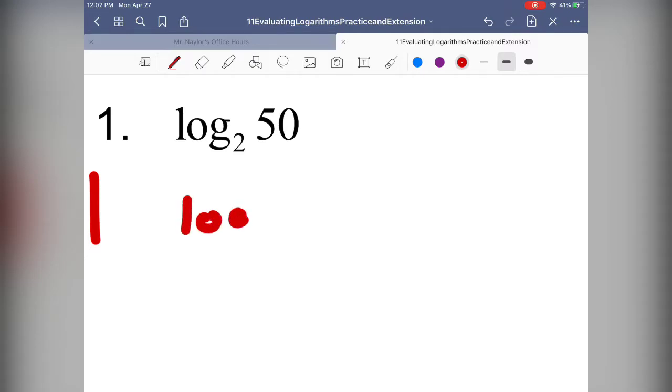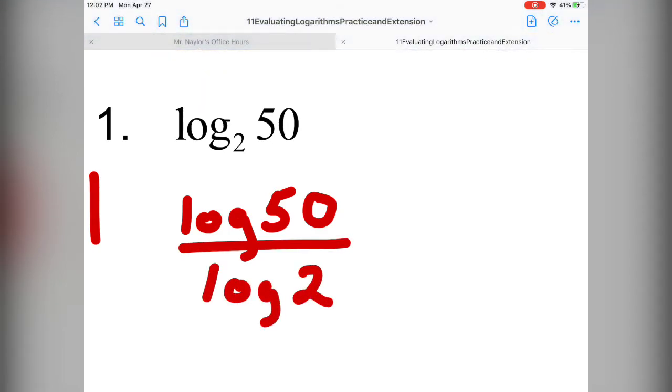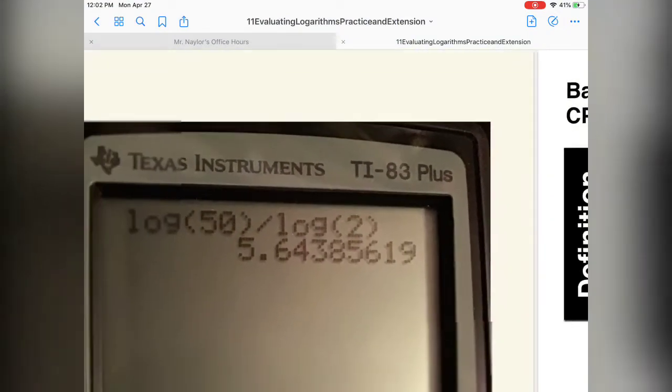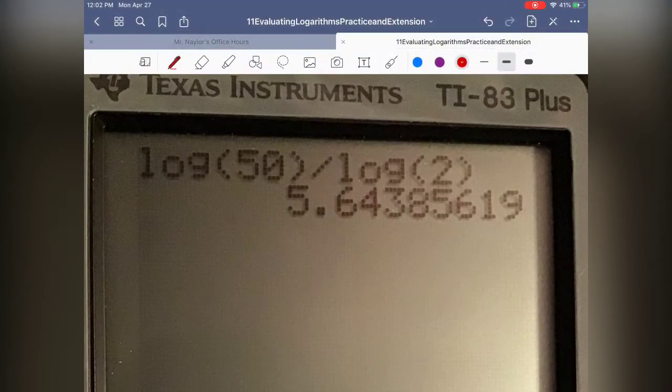So we can use our calculator, and all you have to do is divide the log of 50 by the log of 2. Now again, make sure that you can do this on your calculator. Make sure that you're able to use the right buttons. And here I'm taking the log of 50 and I'm dividing it by the log of 2. Now, probably the main problem that kids have is they have to make sure that they close the parenthesis.